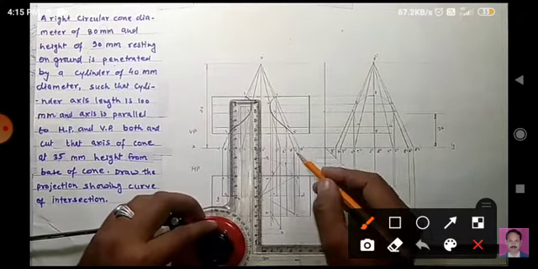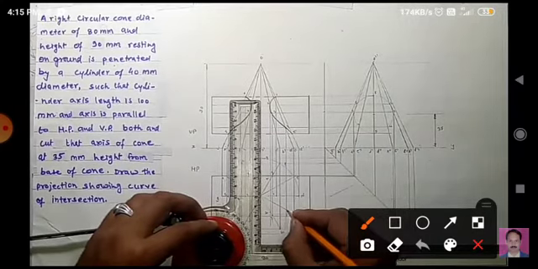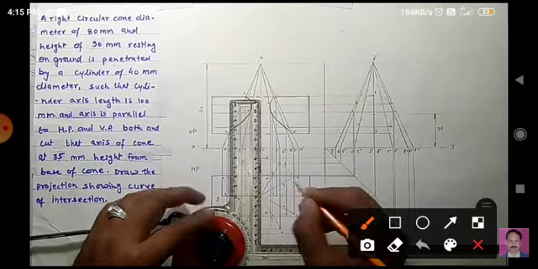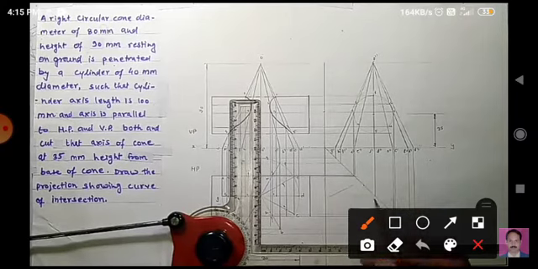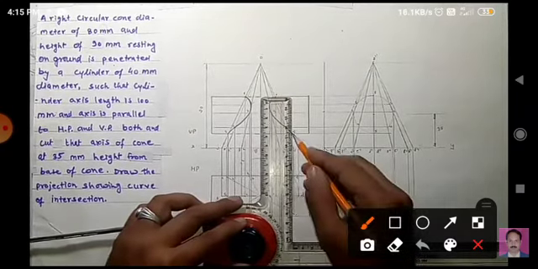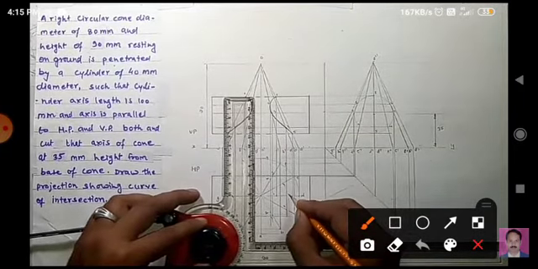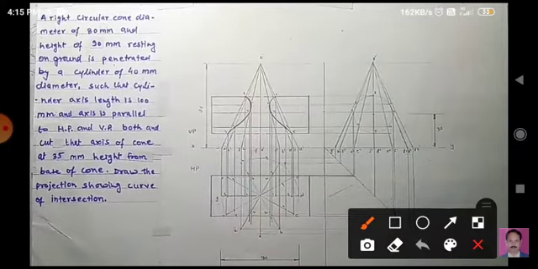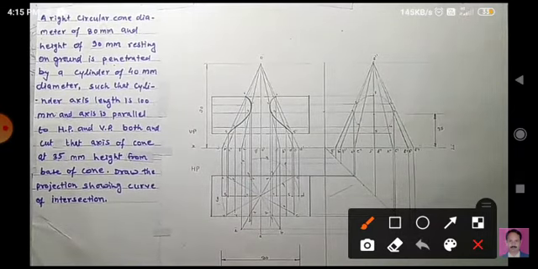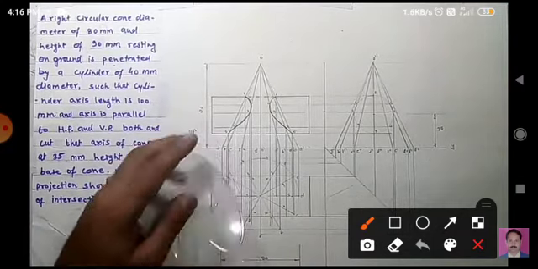As we did in the side view, or sorry, front view, you can see the same portion you have to do here also. Join all this part with the French curve again.